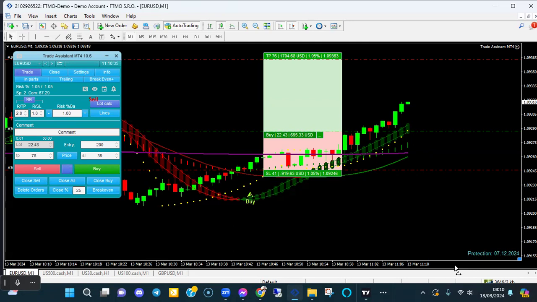London has just opened and they're looking at the future for the EUR/USD for the next few hours and where they want price to be. Obviously, we don't know that. And it all depends on how many rich companies are plowing money into the euro to make it stronger against the dollar at this time. We don't know that.